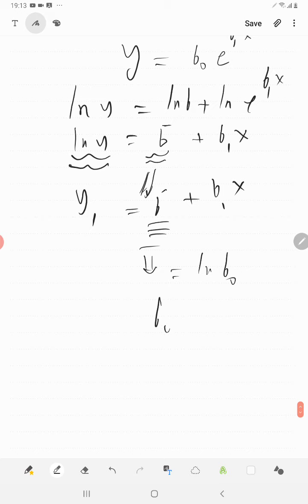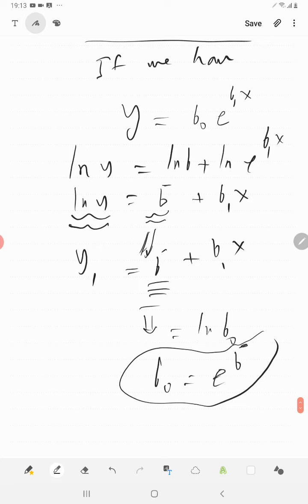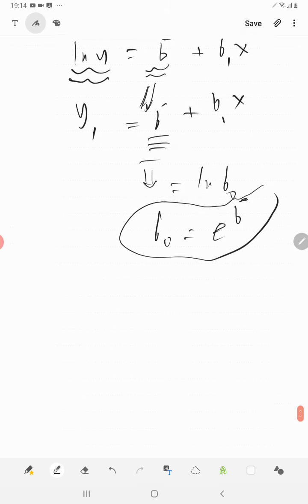So b naught is what? e to the b bar. So we estimate, as you have in the notes, b bar, and then we estimate b naught as equal to exponential b bar. So we transform this exponential function to a linear form by taking the natural logarithm of both sides. And that is very easy to do.